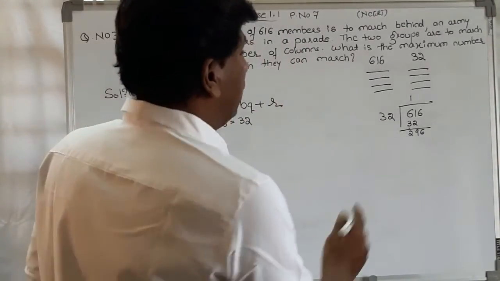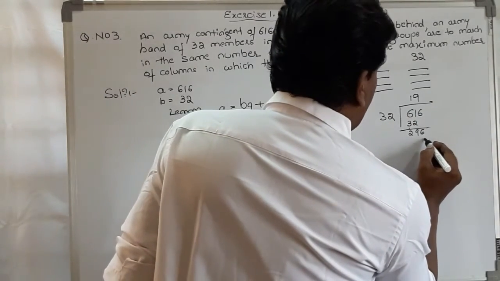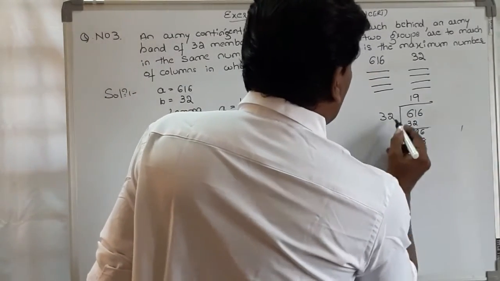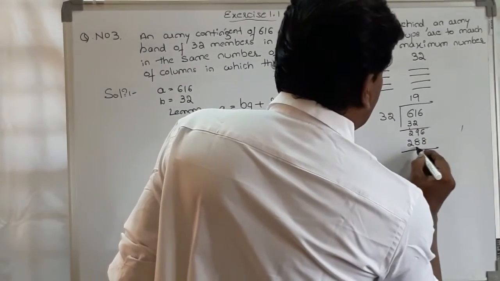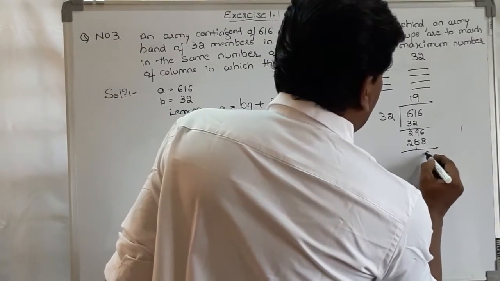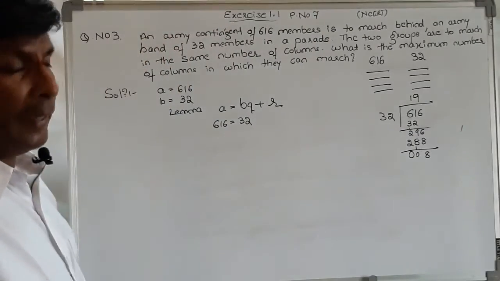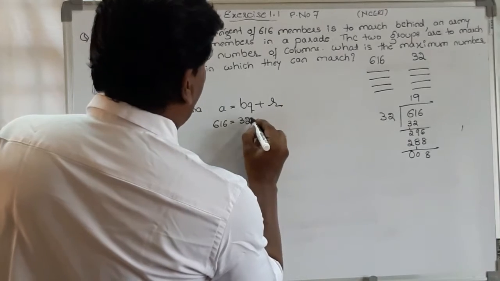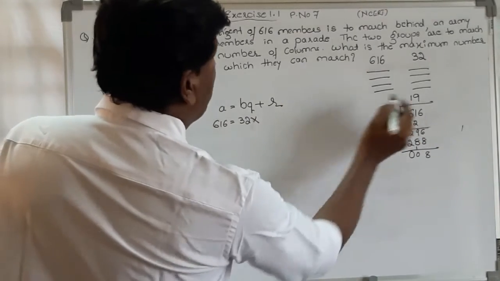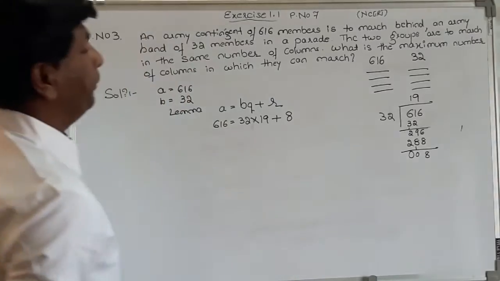The remainder is 8. So 616 is equal to 32 into 19 plus 8.